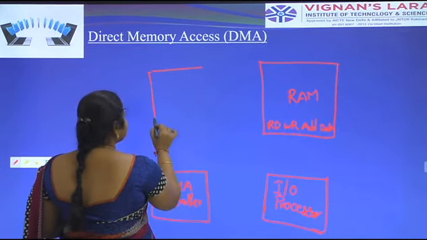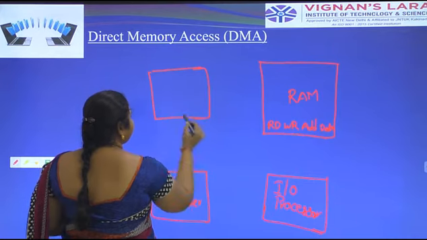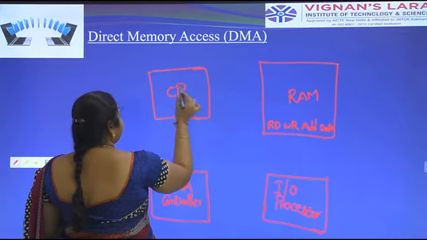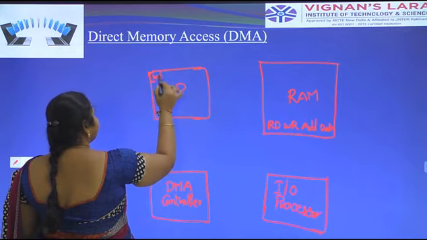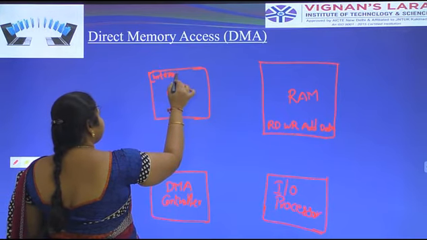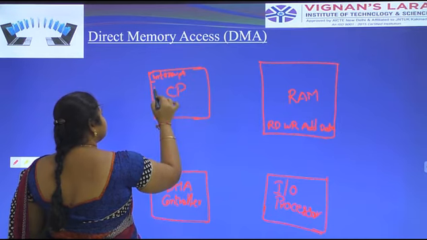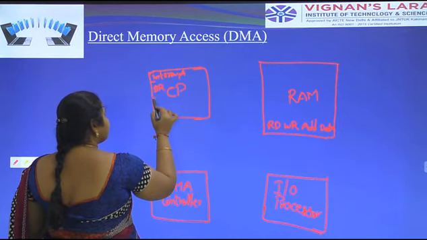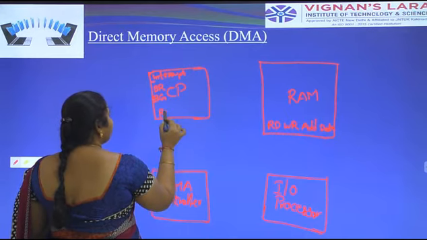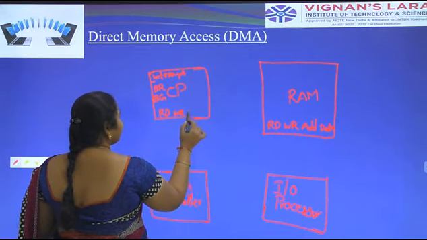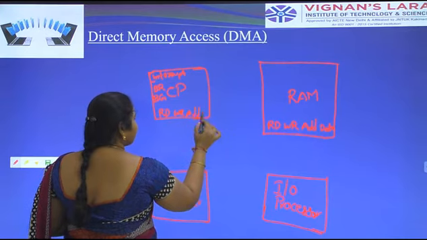Next it is CPU, consisting of interrupt, bus request, bus grant, read operation, write operation, address and data.